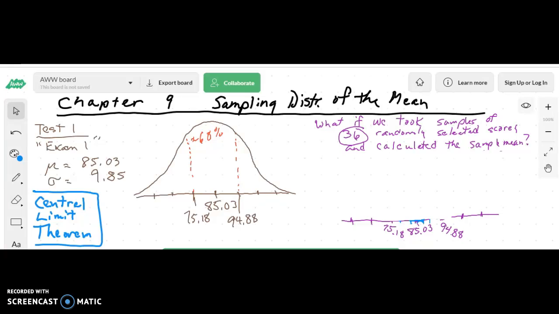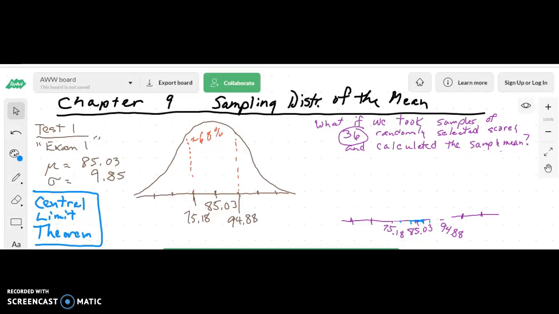That was our mean. And the standard deviation is a measure of spread, or how varied the numbers are. When we translated that to the normal curve, we have a normal distribution, symmetrical about the mean. So 85.03 was the mean of this distribution, or the center point.